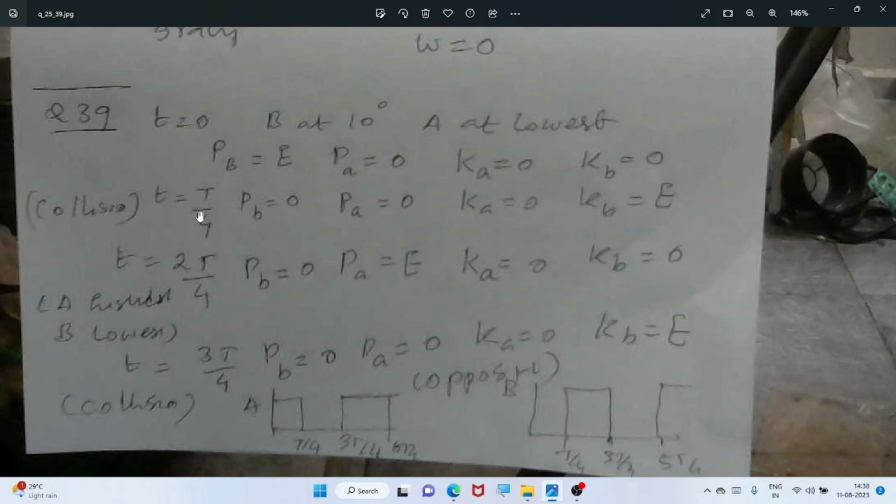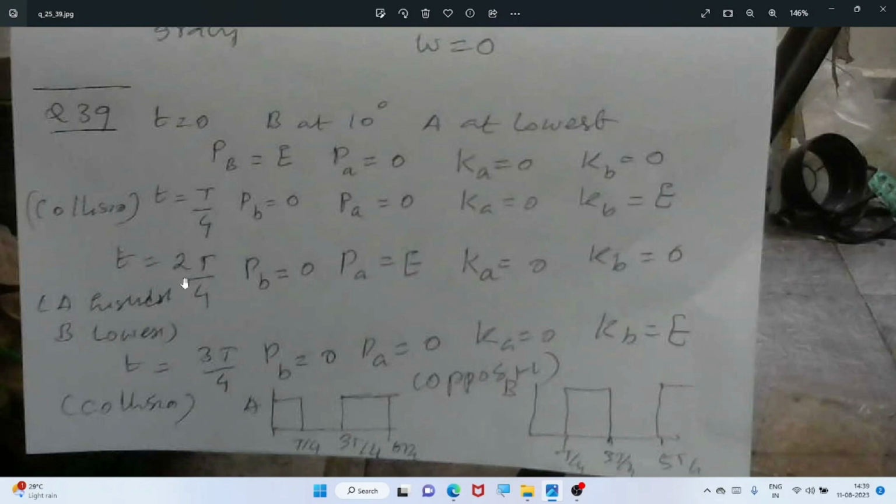But at 1/4 of the pendulum period, B will come and hit A. So the potential energy of B will become 0. Potential energy of A also will be 0, but B loses its potential energy and gains kinetic energy.